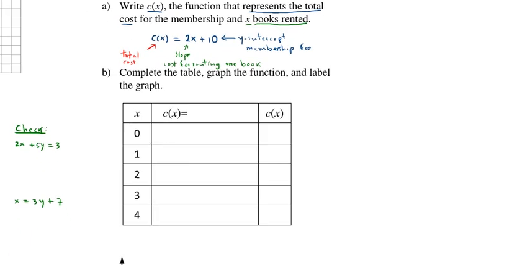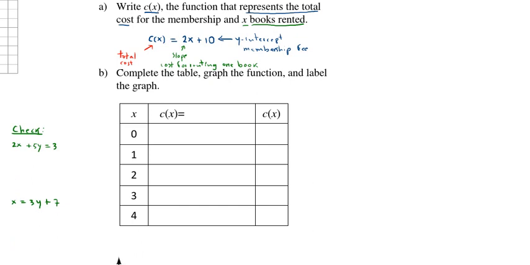So that was part A, and now in part B, complete the table and graph, and then label the graph. So the function here would be C of x is equal to 2x plus 10. Here, when it says C of x, that means find the value of y.